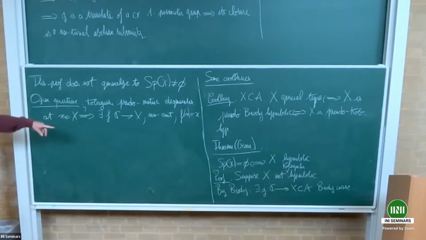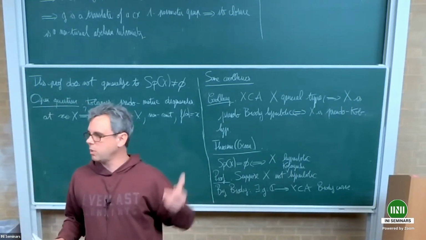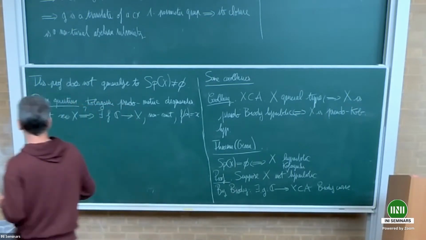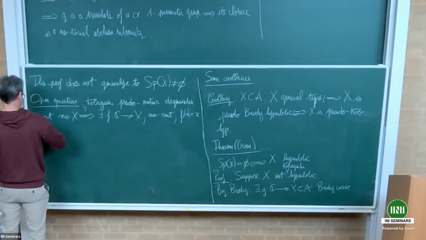And even so, to get a simple proof like in Green, you would like even to produce a Brody curve. And this is known to be false by Winkelmann. So this proof really does not generalize if you want to prove it with Brody curves.